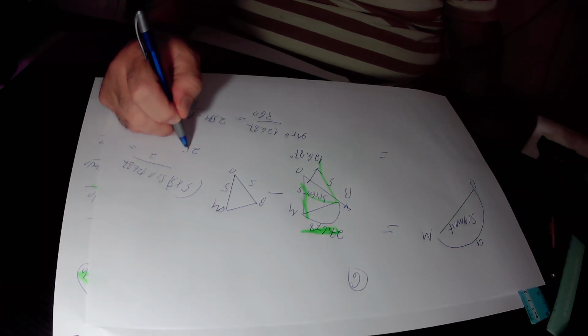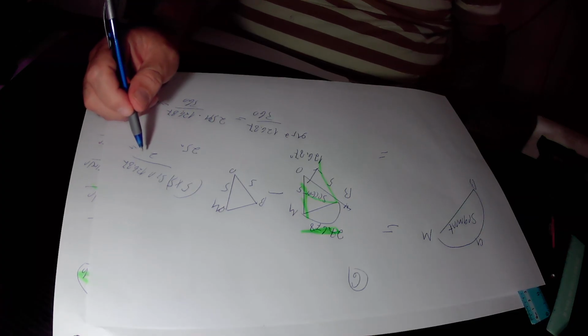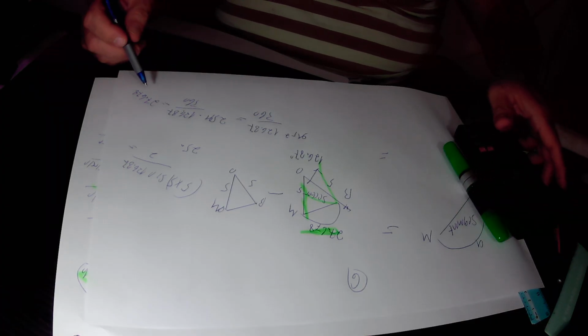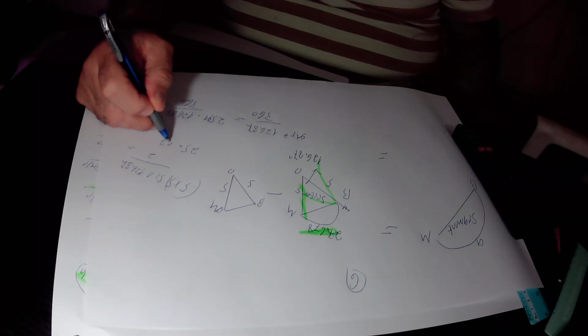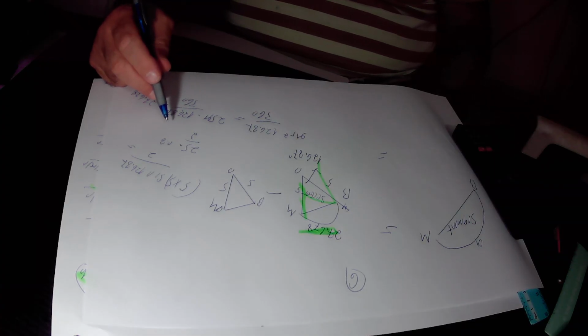Sine 126.87 is equal to 0.8. 25 over 2 is 12.5. 12.5 times 0.8 is 10.